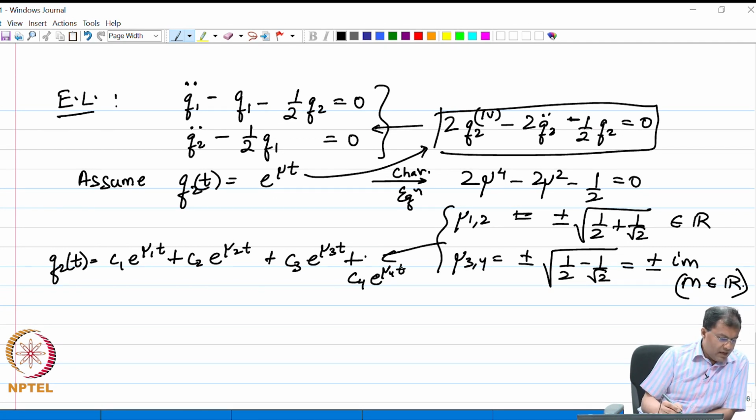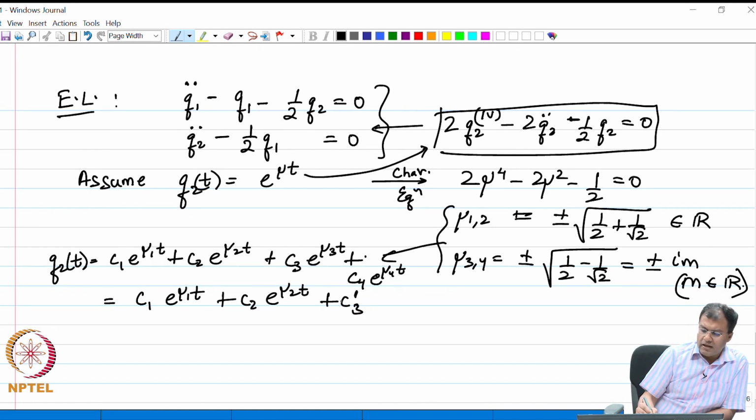And we see that after simplifying, since the third and the fourth solutions occur as complex conjugates, we can always write the solution in the form of sine and cos, right. So, I get that this is also equal to C3 prime cos of mt plus C4 prime sine of mt, right, where these two are a different set of constants than these two.